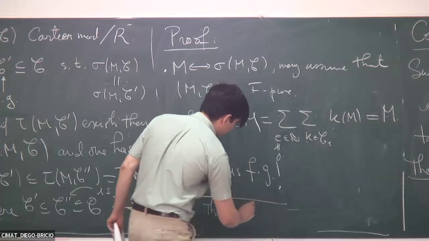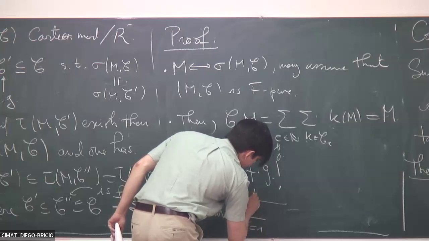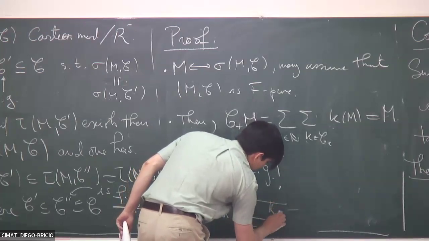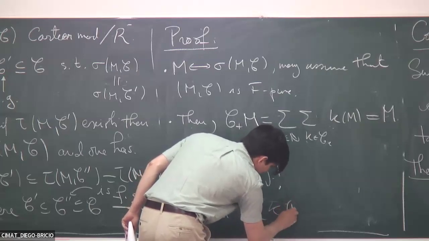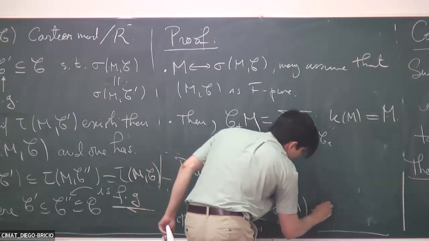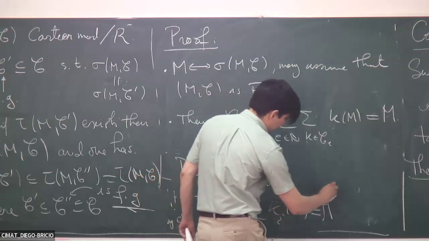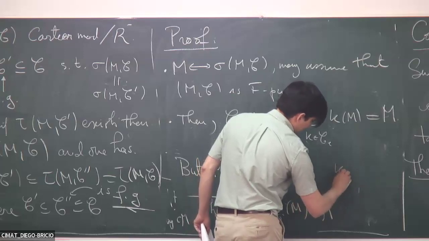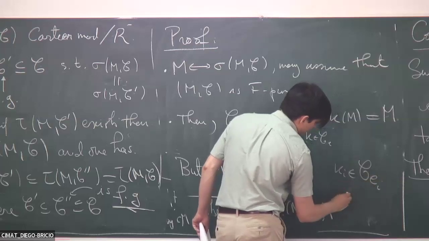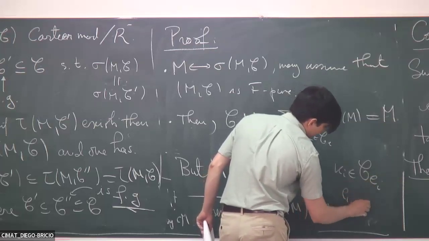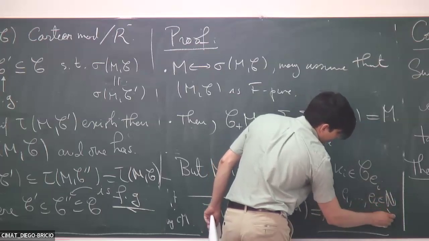Then what we have is a sum from i equals 1 to k of kappa_i N equals M, right? And so here kappa_i belongs to C_{e_i}, where the e_i is just a set of them, and all of them are different from 0.